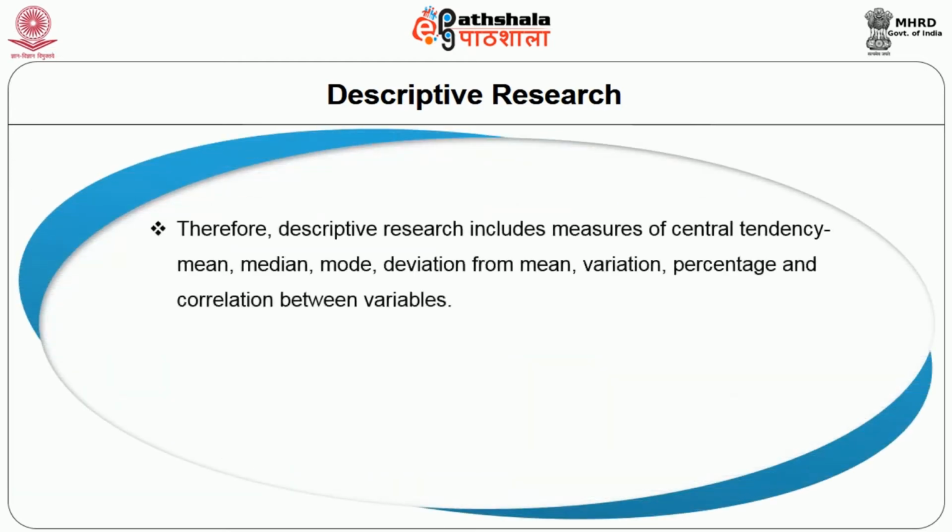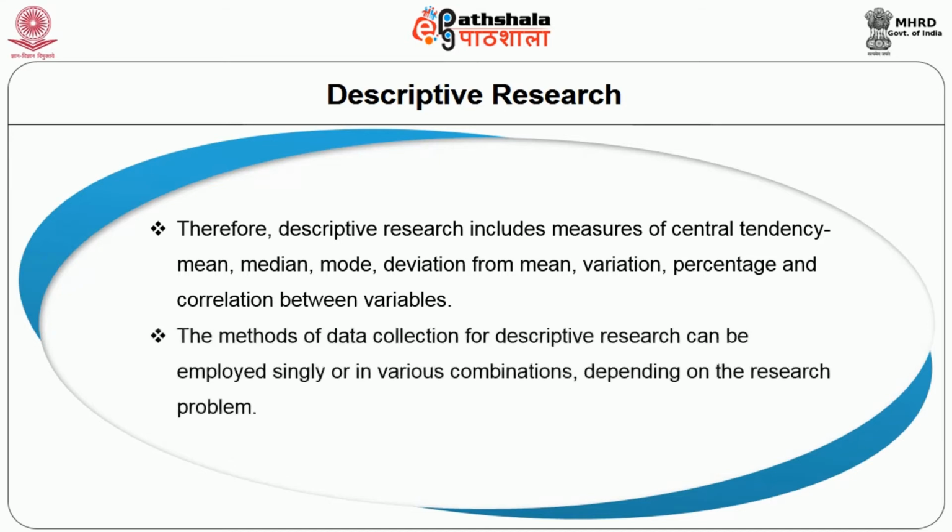Therefore, descriptive research includes measures of central tendency, mean, median, mode, deviation from mean, variation, percentage, and correlation between variables. The methods of data collection for descriptive research can be employed singly or in various combinations depending on the research problem.